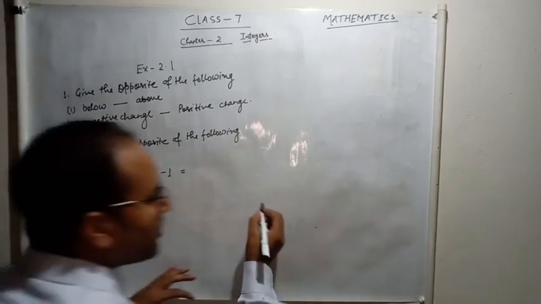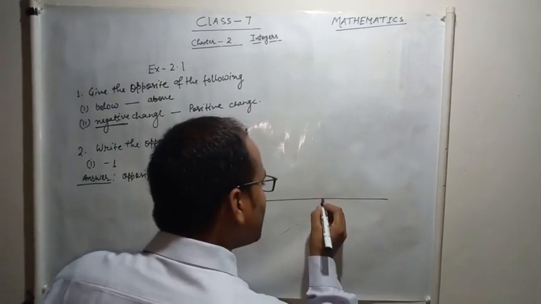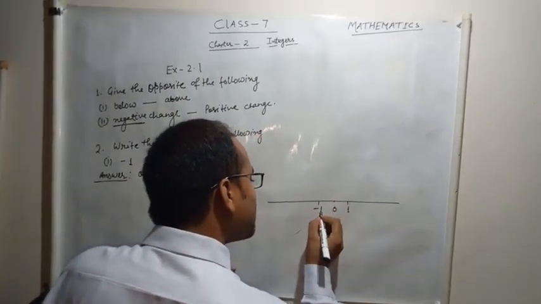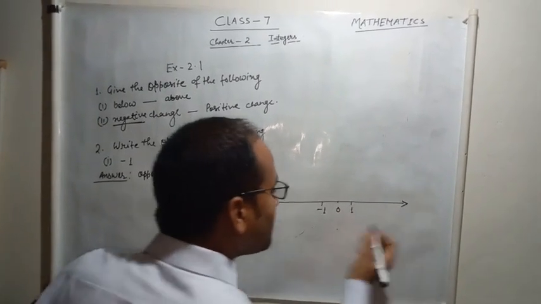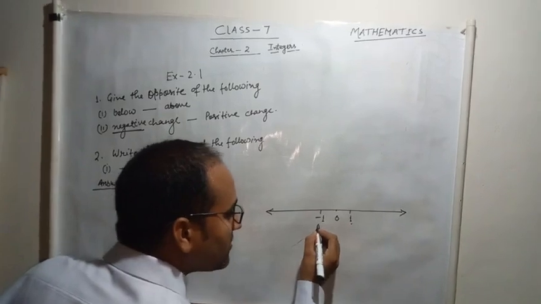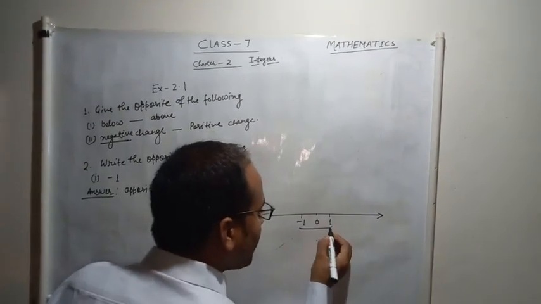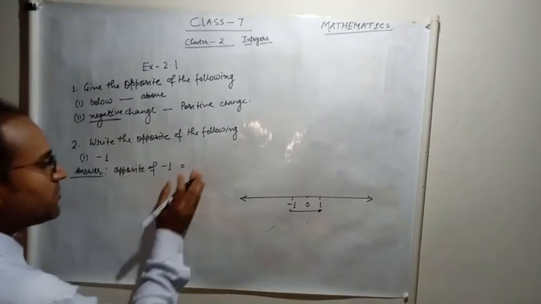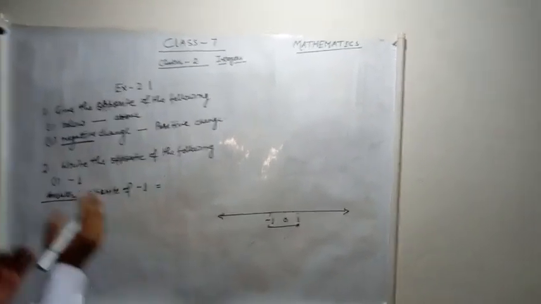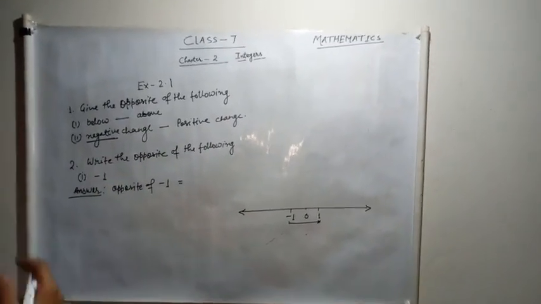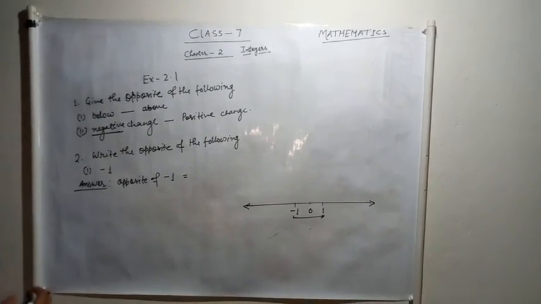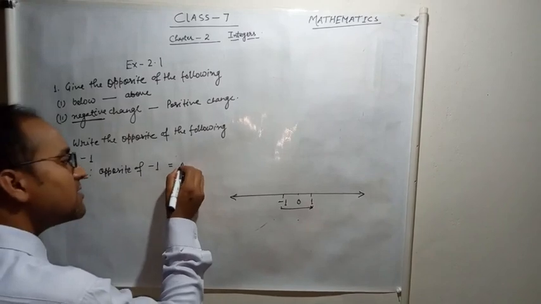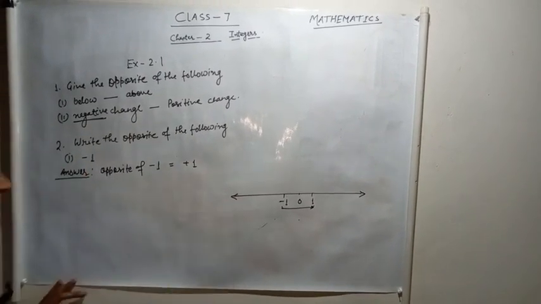You can see on a number line, here is 0, here is 1, here is -1. What is the opposite of -1? On the right side, that is 1. Opposite of means we change the sign. If it is minus, we write plus, and if it is plus, we write minus. So the opposite of -1 is +1.